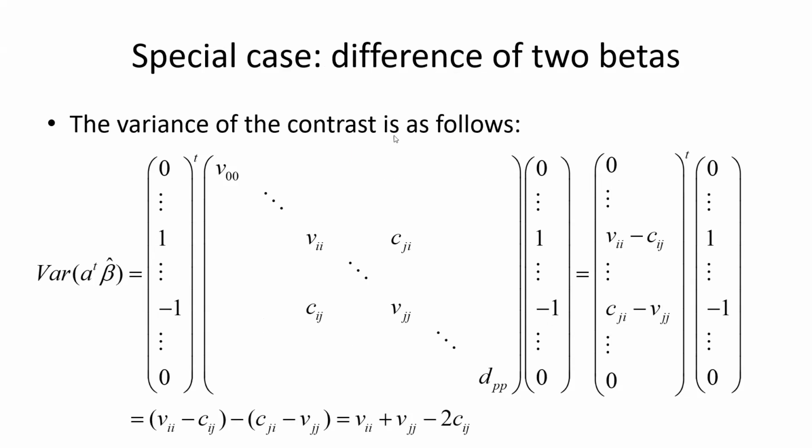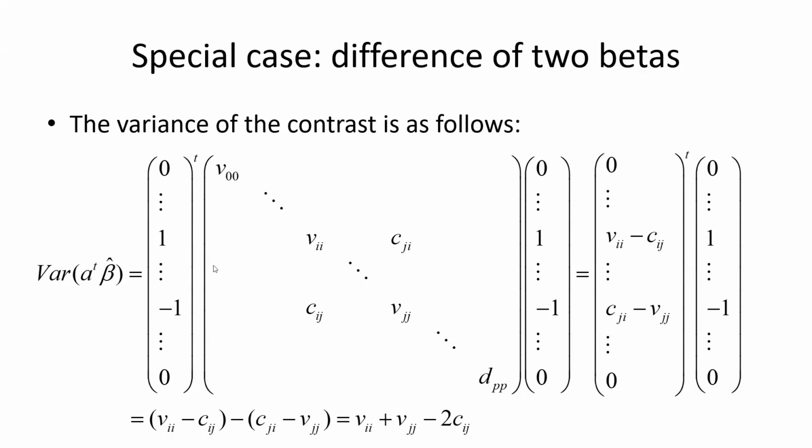And then we have that variance covariance matrix. And what the one and the minus one do here, they operate on these four elements in the matrix. We have the variance here and the covariance. And we remember that this is a symmetric matrix, so the value Cij is actually equal to the value Cji.